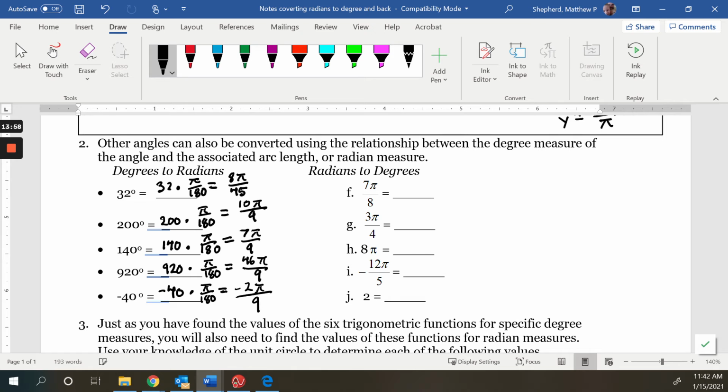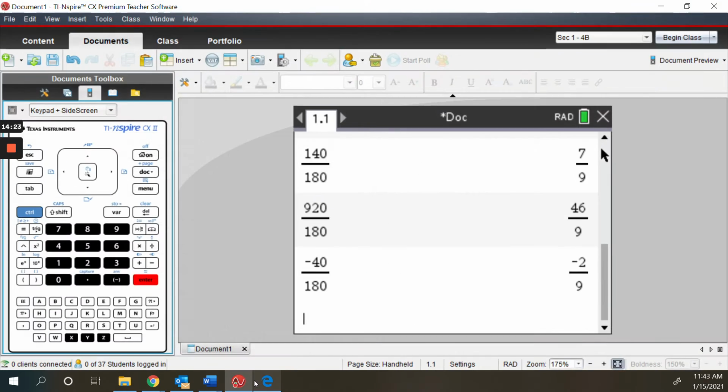Now, in order to go the other way, we take our radians, 7 pi over 8, and we multiply it, this time by that reciprocal, 180 over pi. And pi over pi is going to eliminate, leaving us with just 7 eighths times 180. Shouldn't be too bad.